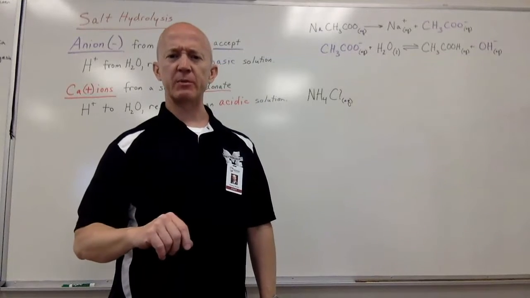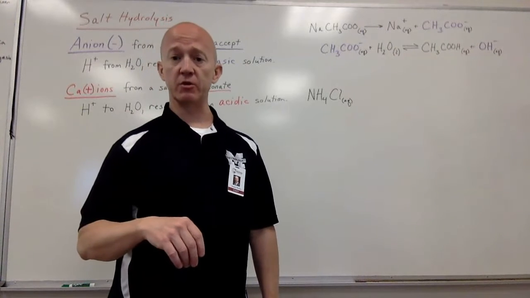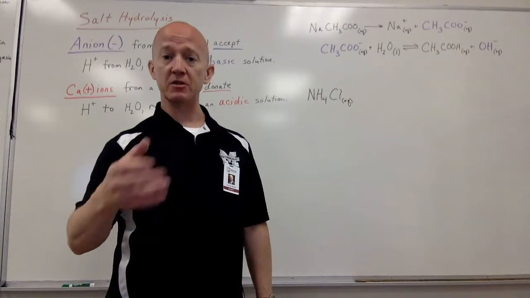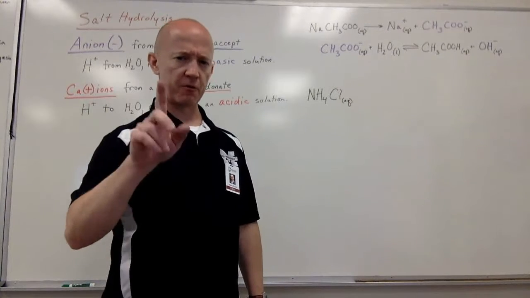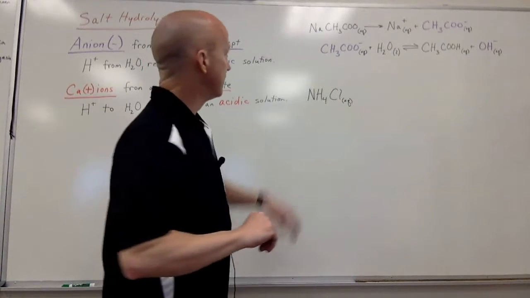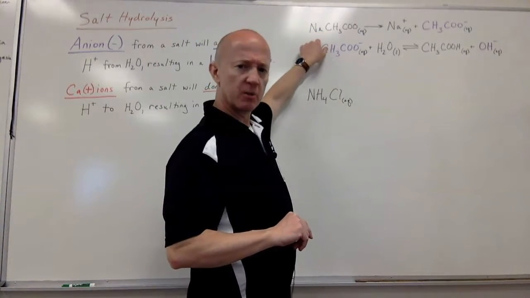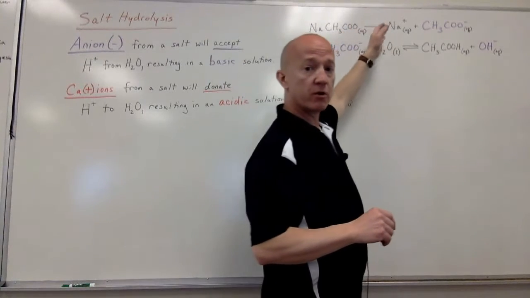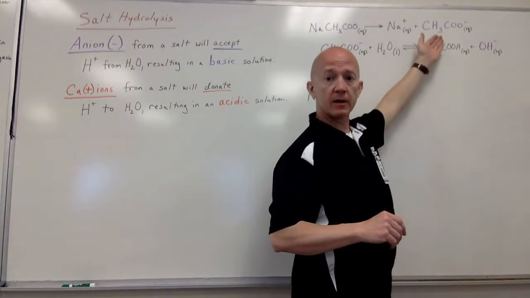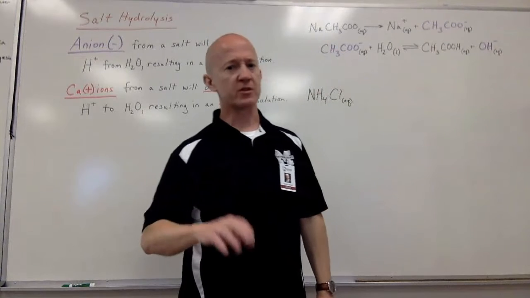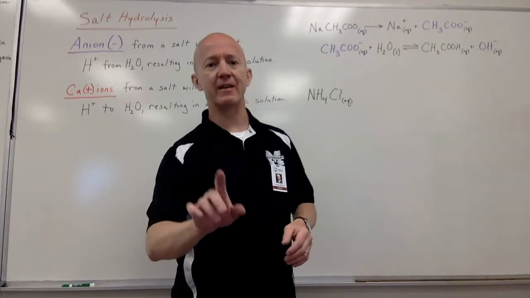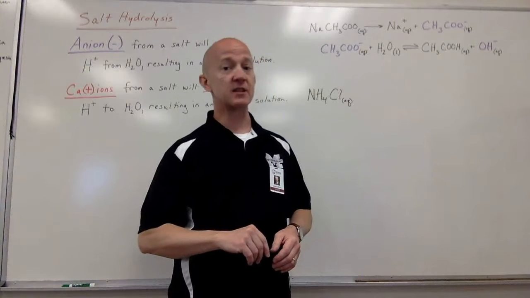Now let's look at the examples of sodium acetate that we used earlier and ammonium chloride and see why they make the solutions that they make. First, the sodium acetate. I've rearranged this, by the way, to put the sodium in front. Sodium acetate dissociates in water to form sodium ion and the acetate ion. The sodium ion is too weak to react with water on its own. We'll get to that in a second. But the acetate ion will.